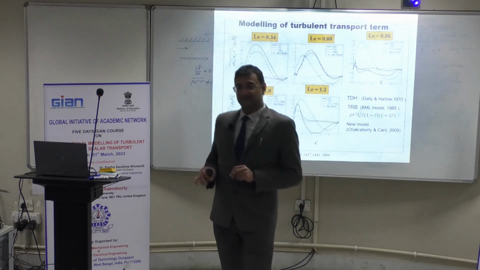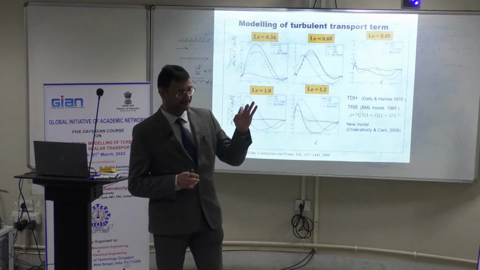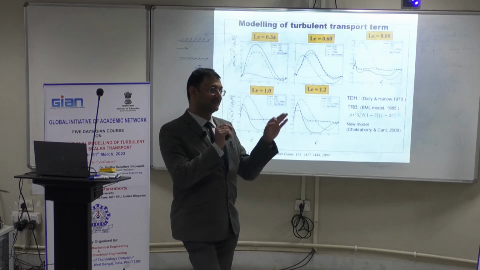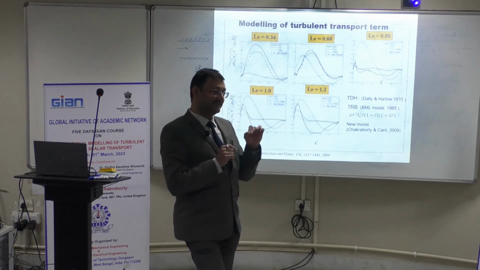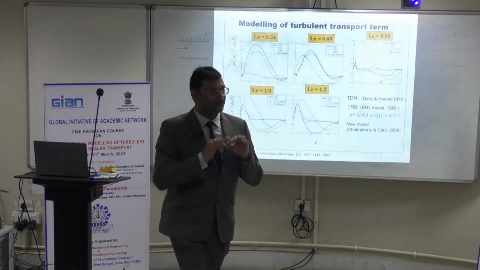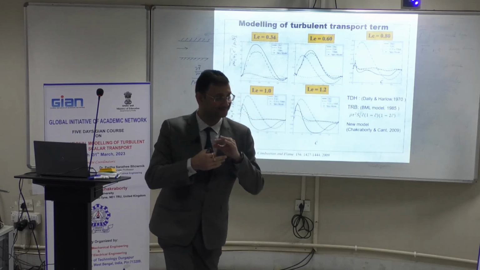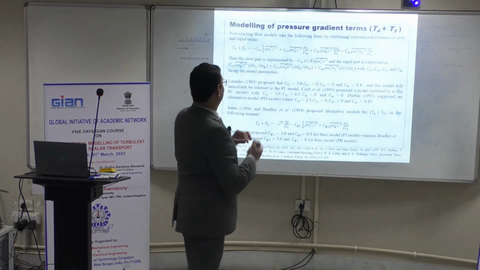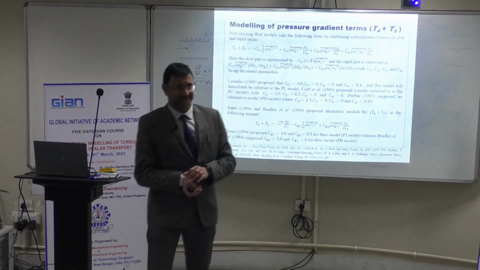My objective is to tell you that first we did the analytical work to find out what physics is going on, then extracted the unclosed terms from the DNS data, and then tried to capture that, benchmarking the model parameters based on the agreement of the model expression with respect to the DNS data.